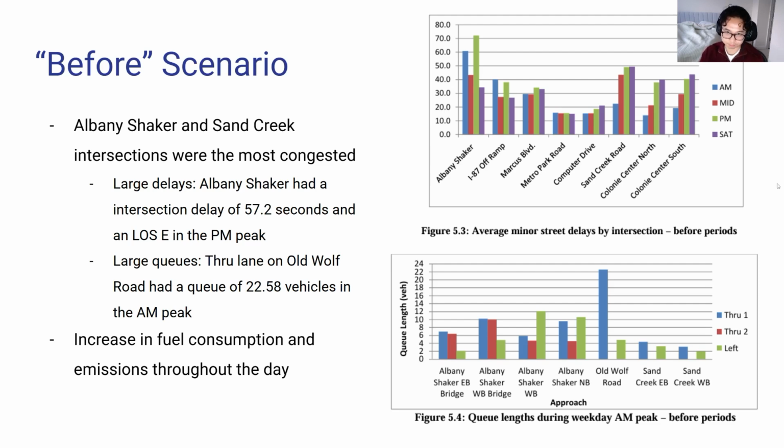So that is not good. As well as the queues, there were very long queues on Old Wolf Road. As you can see here, a little over 22 vehicles in the AM peak. And in addition, fuel consumption was also collected, and that actually increased, as well as emissions throughout the day.